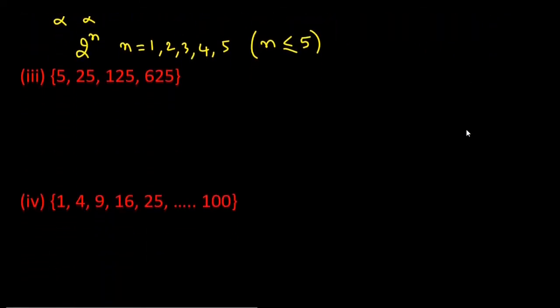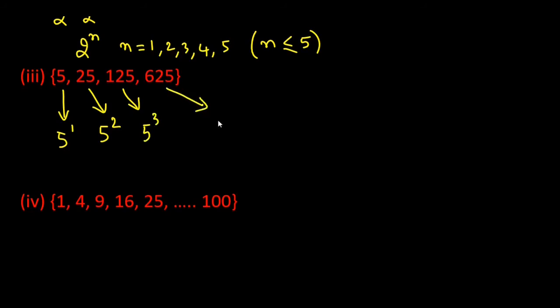The next one, third one, 5, 25, 125, 625. Looking at these numbers, we understand that they are powers of 5. 5 is 5 power 1. 25 is 5 power 2. 125, this is 25 into 5, so 5 power 3. 625 is 125 into 5, so it is 5 power 4.